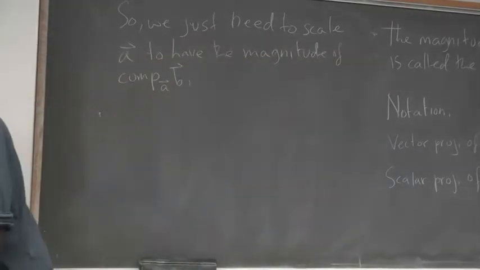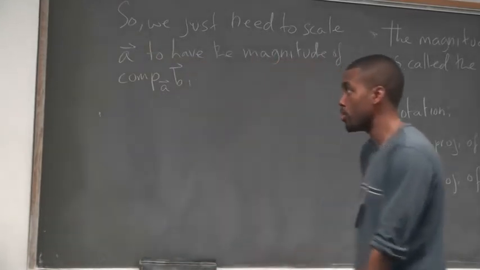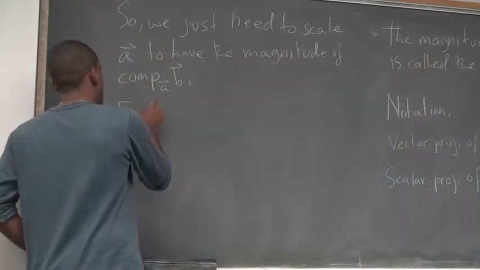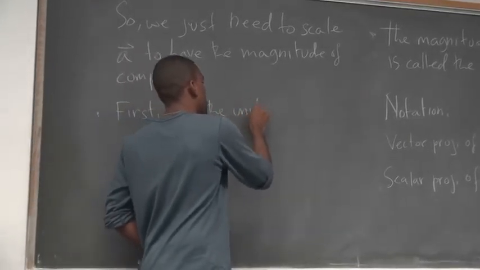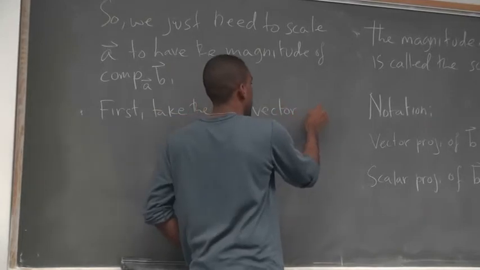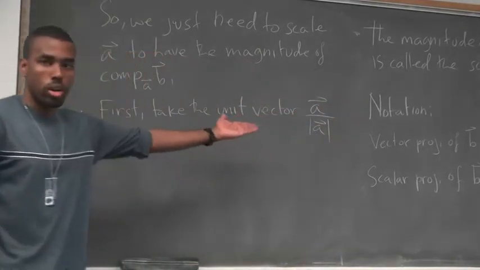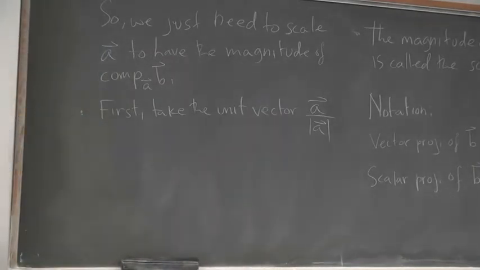Okay. This is how you'd actually do it. First, you create the unit vector in the direction of A. You know that has length 1. And then you're just going to multiply by the component to make it the length of the component. So first, take the unit vector, which is just A divided by its magnitude. So that has length 1, and it's actually parallel to A. But I don't want it to have length 1. I want it to have the particular length of this guy.